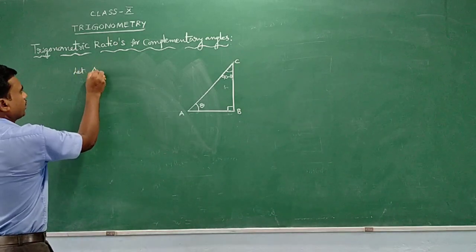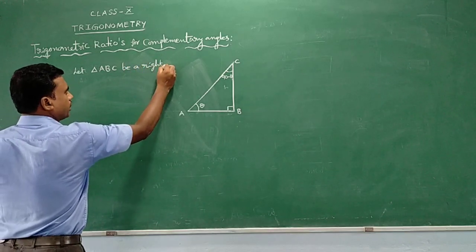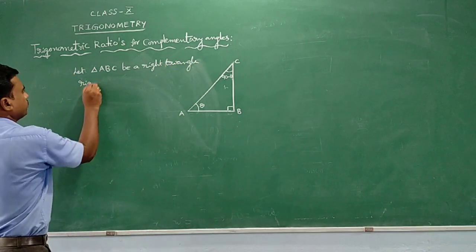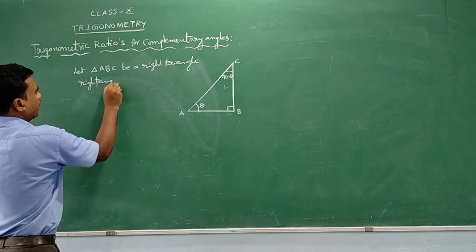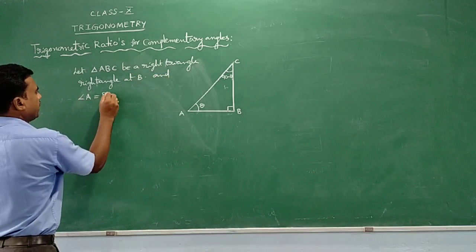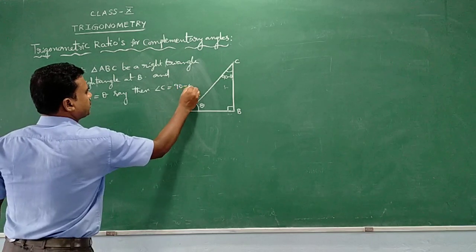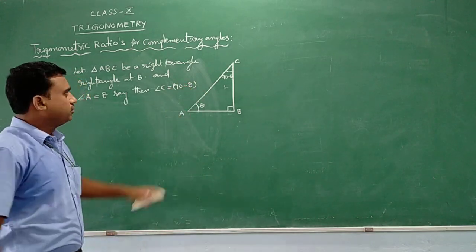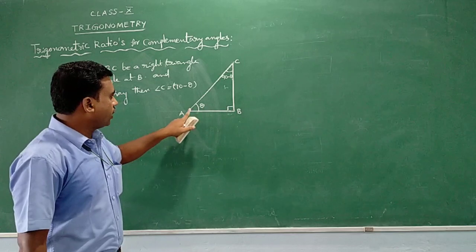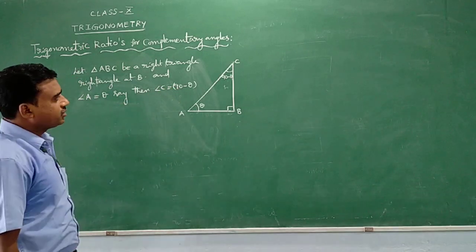So let triangle ABC be a right triangle, right angle at B, and angle A is equal to theta, then angle C is equal to 90 minus theta, because by the angle sum property, the sum of three angles is 180, angle B is already 90, therefore angle C plus angle A is equal to 90, therefore angle C is equal to 90 minus theta.